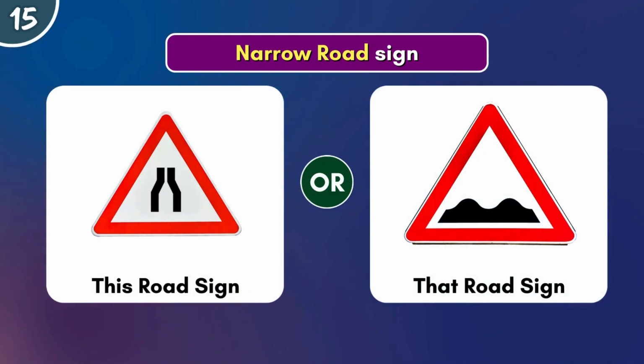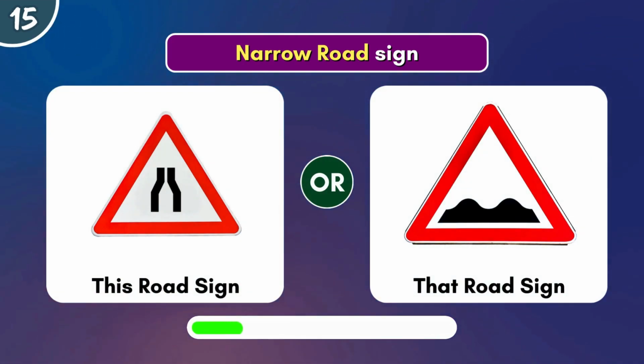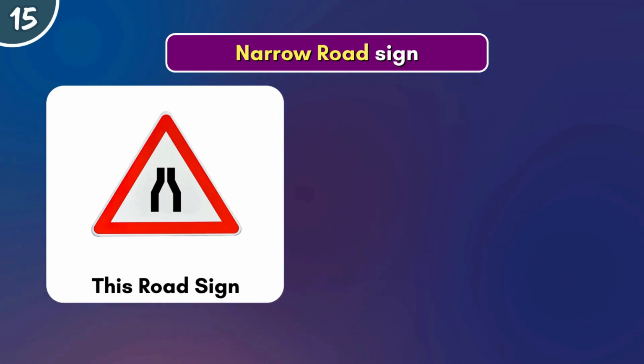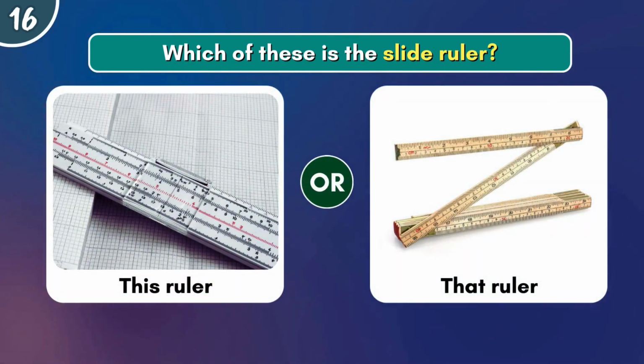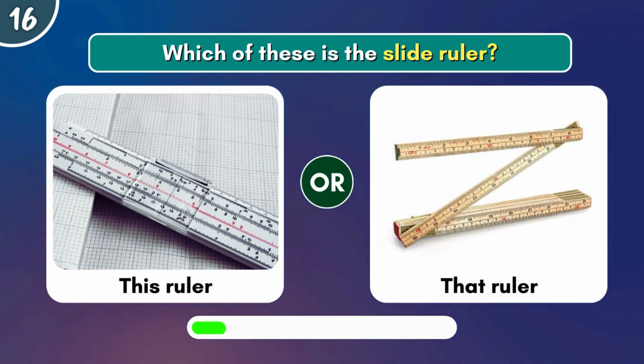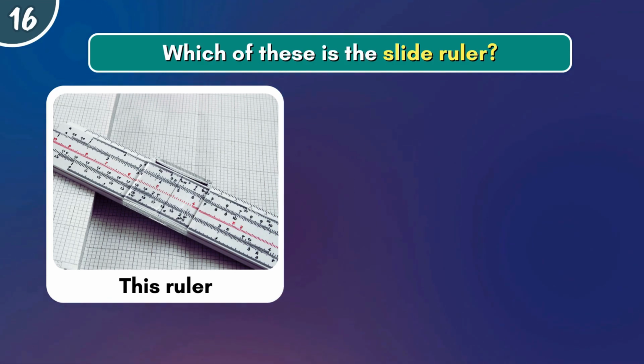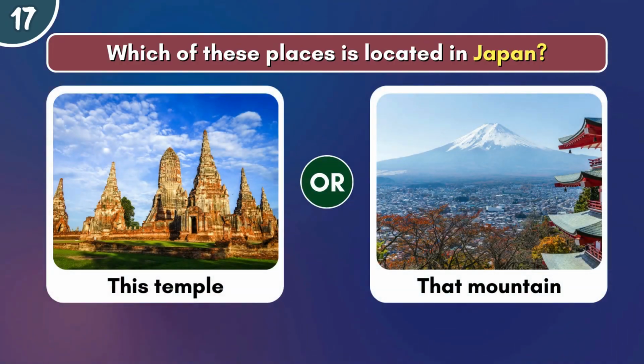Identify the narrow road sign. This road sign. Which of these is the slide ruler? It's the ruler on the left. Which of these places is located in Japan?